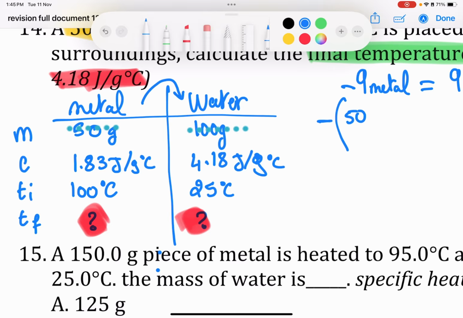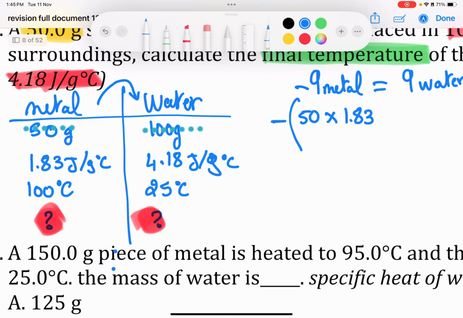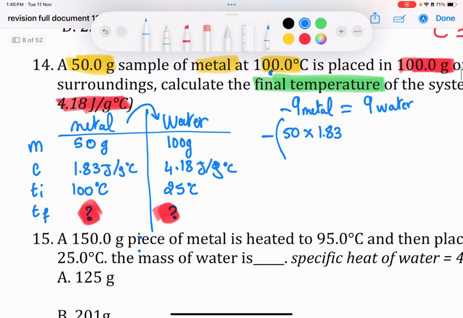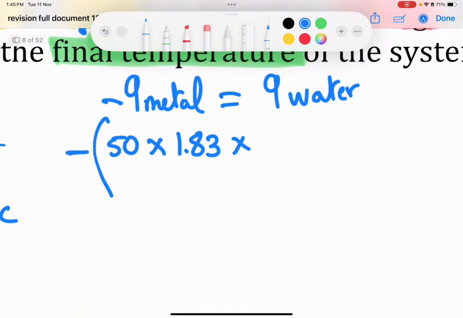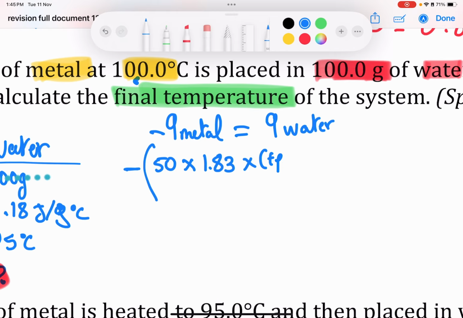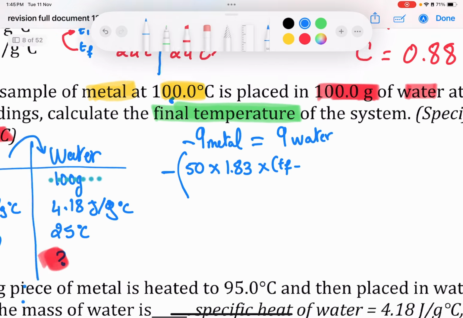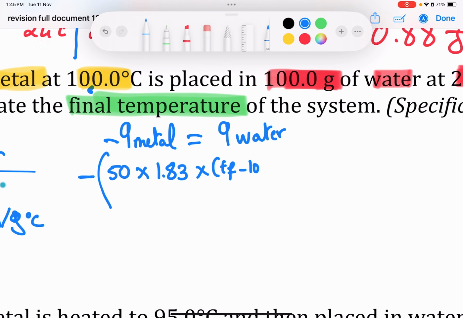I have 50 grams, mass of the metal, times 1.83, specific heat capacity of the metal, times T final, which is unknown, minus T initial. So TF minus 100 degrees Celsius. That's for Q metal.